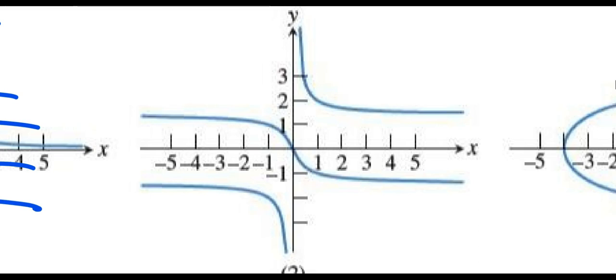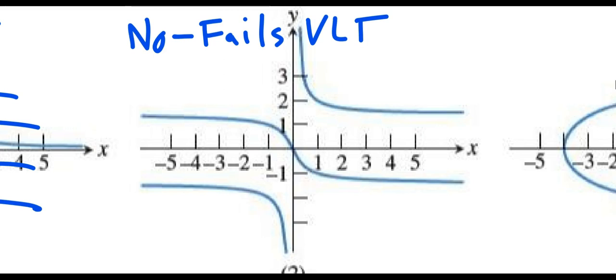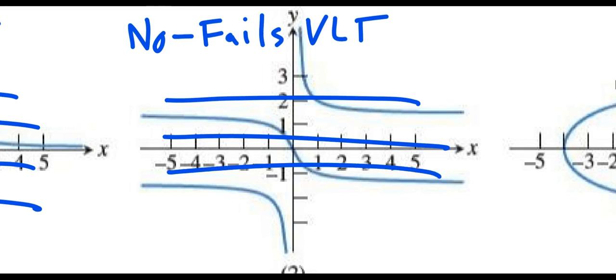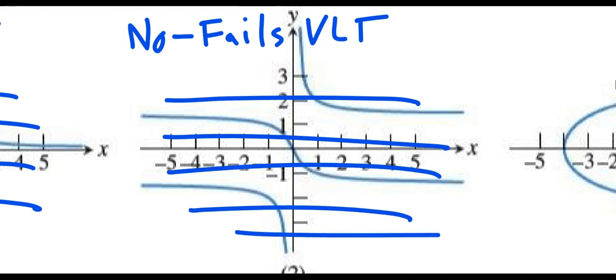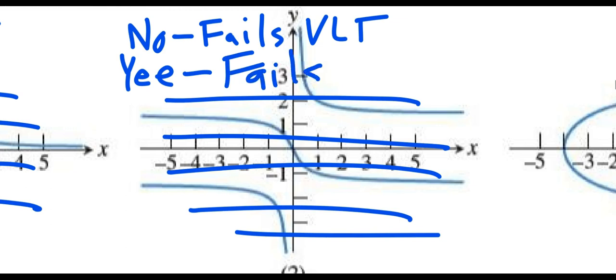How about this one? Is this a function? No, right? Okay, it fails the vertical line test. What about the horizontal line test? That's a pass, isn't it? No matter where you go, you're only so yes again. Oh, ye of little faith. Fails the horizontal line test. Seriously?